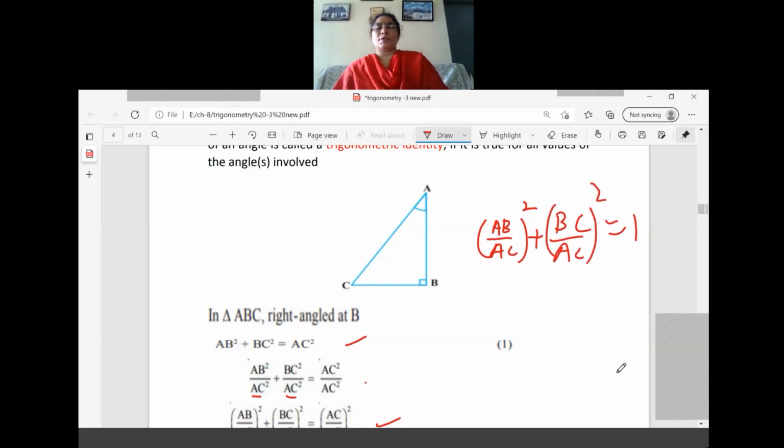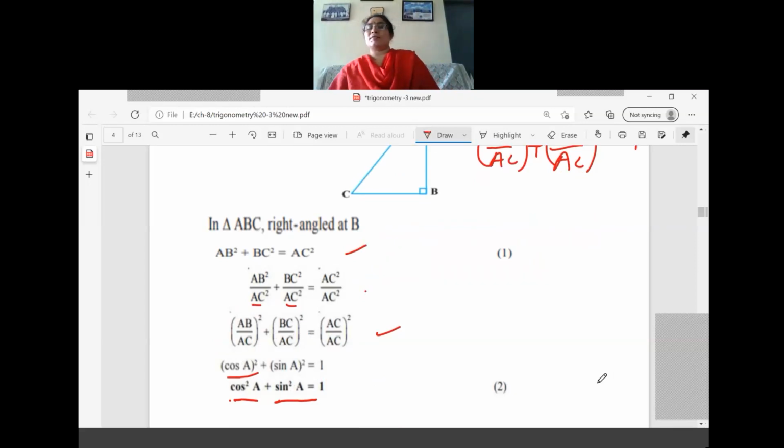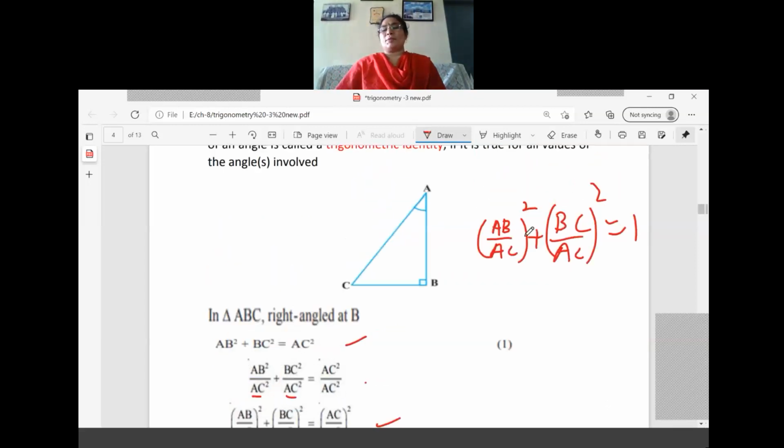Now we have written it for A. Now we are checking what happens for C. AB by AC: AB is the opposite side and AC is the hypotenuse. So this can be written as sine square C. Now BC by AC, with respect to C, is cos square C. So we got 1 here.